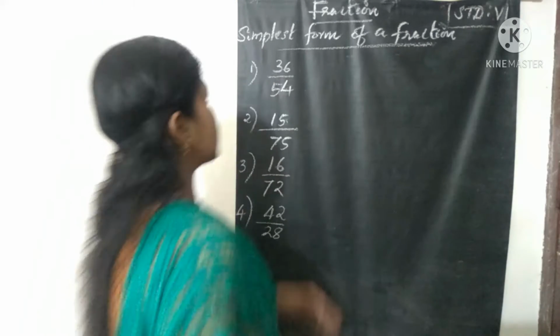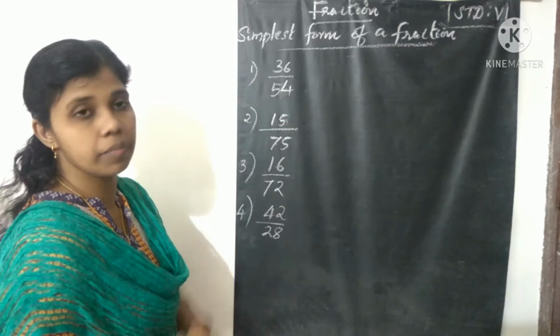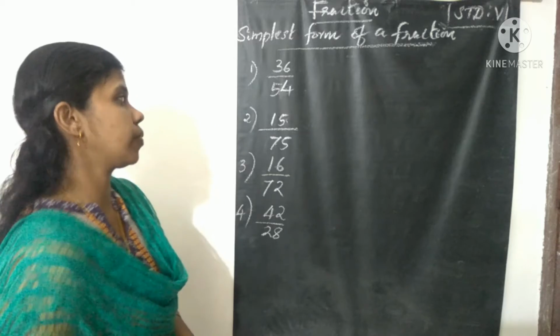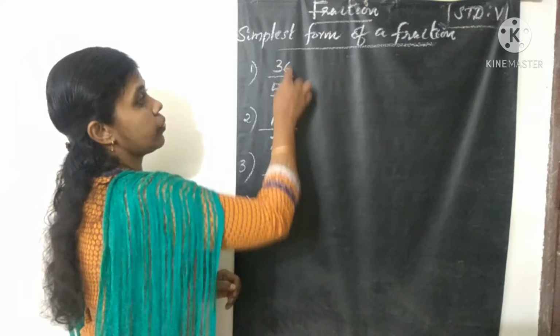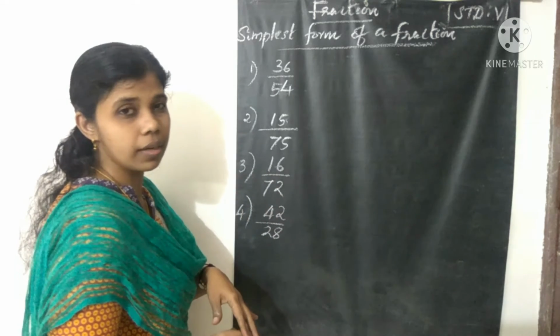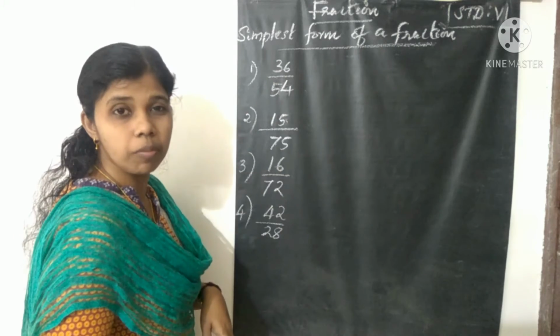Next, some questions. Simplest form of a fraction. First question. 36 divided by 54. Here two numbers, numerator and denominator, are even numbers. So these two numbers are divisible by 2.